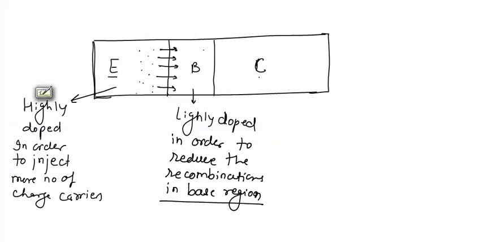And there are some reasons of moderate doping of collector region, but which are not that much important. So we will just say that collector region is moderately doped.